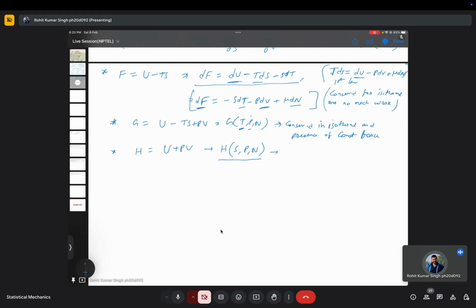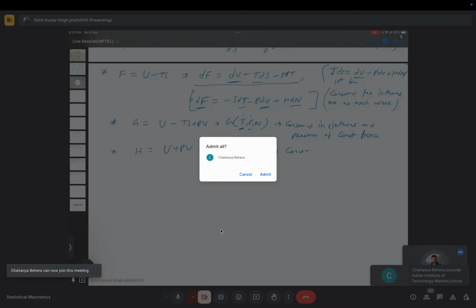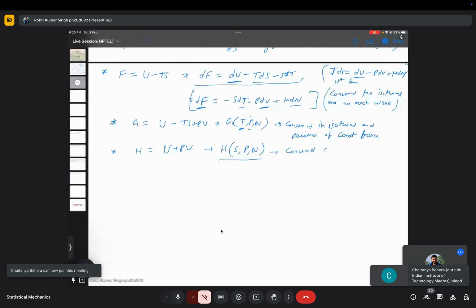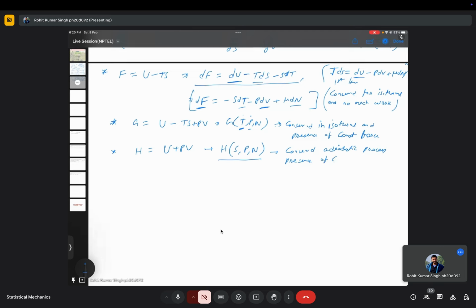And as you can see here, it should be conserved when there is no change in entropy, or no exchange of heat in the system. So it will be conserved in an adiabatic process, and in the presence of constant force, because we need to keep the pressure constant. So yeah, this is the physical meaning of all these free energies, okay.